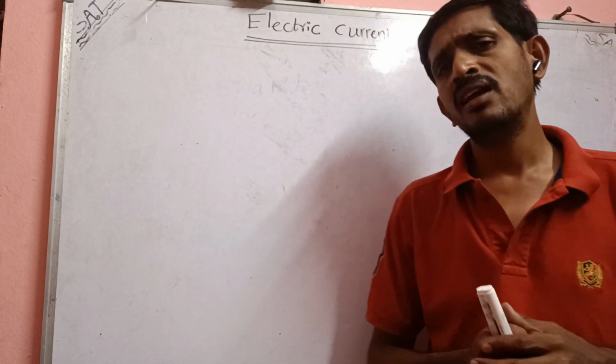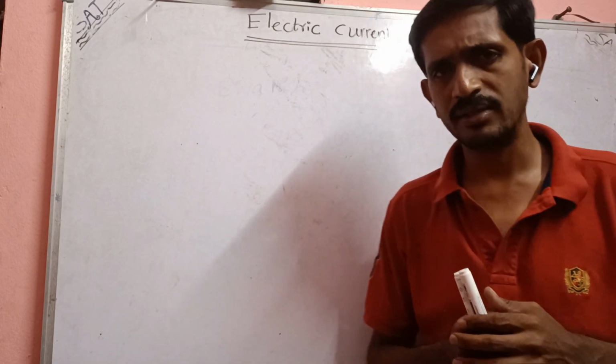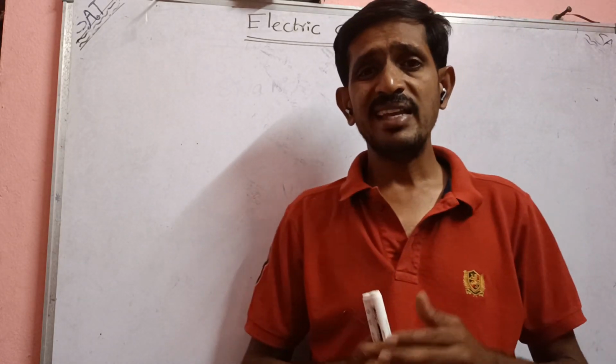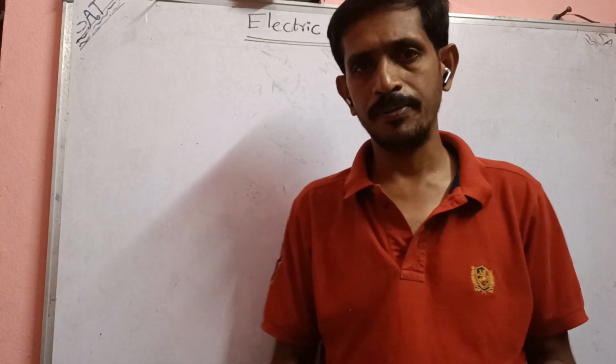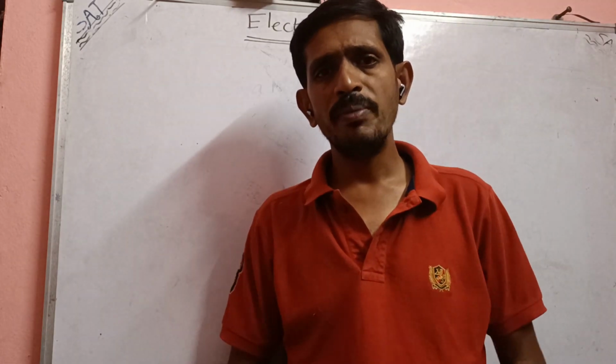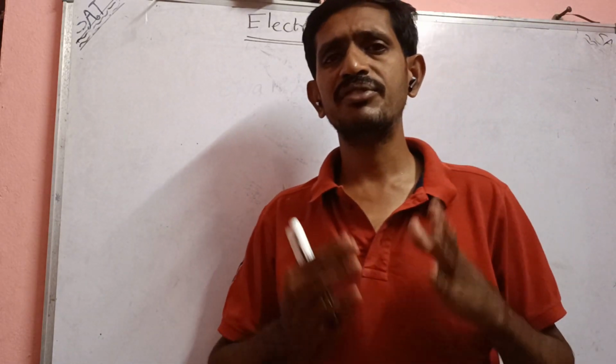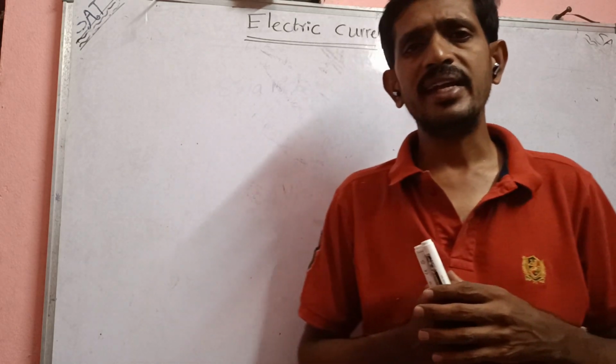Generally, lightning happens in the sky. Whenever lightning happens, there is a reason: the charge is discharged, and while the charge is discharged, you get lightning. So you already know that because of the discharging of charge, you get lightning.